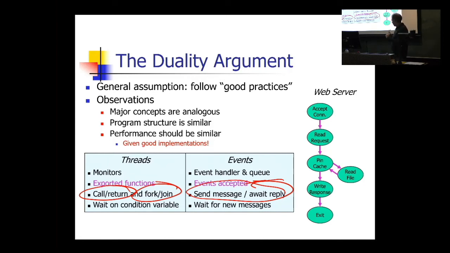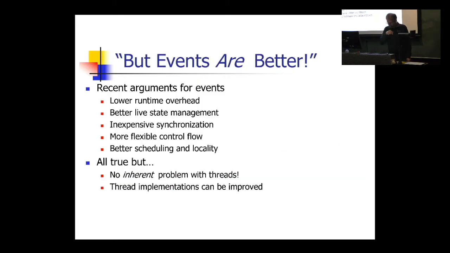Okay, so given there are direct analogs and I can kind of take almost the same code and put it into the separate frameworks and have it work, why are there such significant performance differences between events and threads?